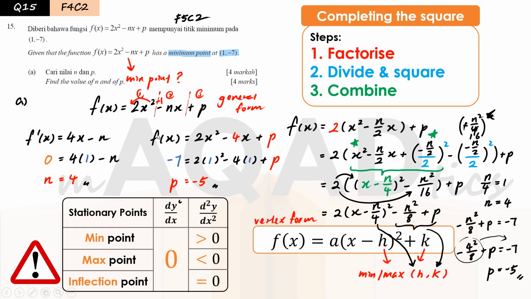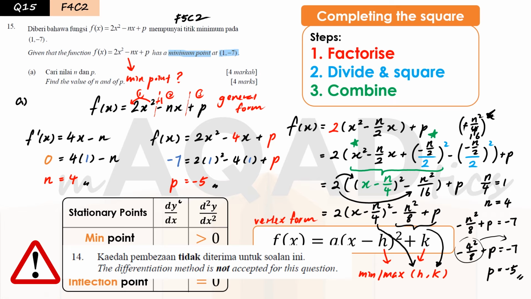But in certain questions, in quadratic functions, they will state that you cannot use the differentiation way, meaning you cannot use the things that we have learned in differentiation to solve the question. So some SPM questions will say that, so not all the time we can use the differentiation way.